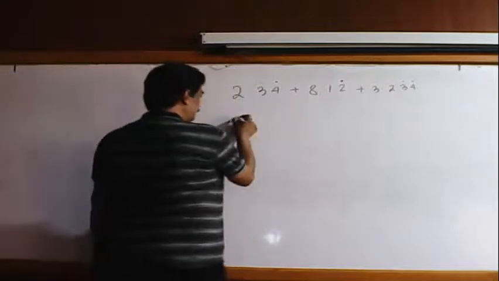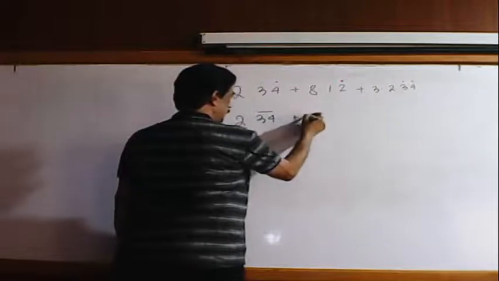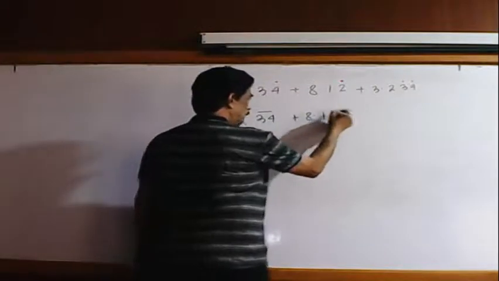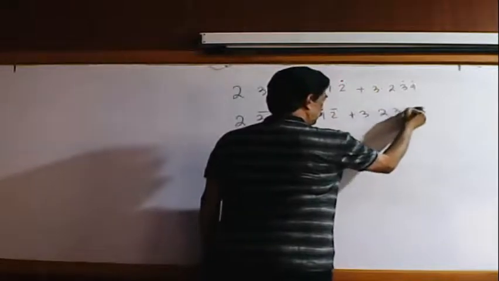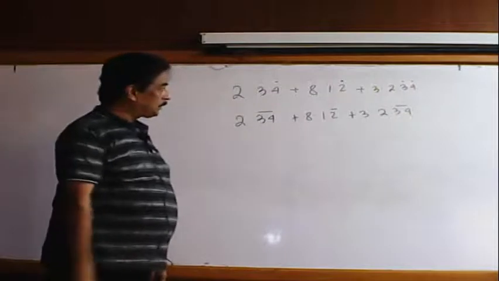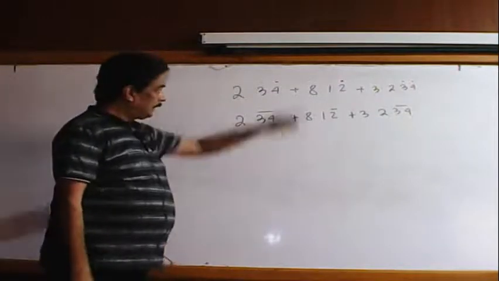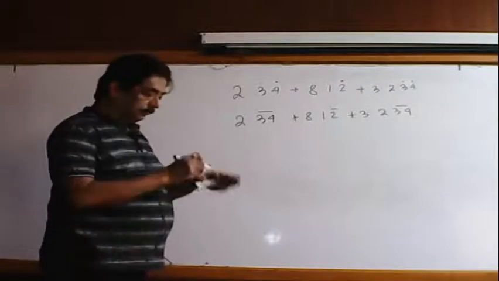Or they can give it this way: 2.34 recurring, 8.12 recurring, 3.234 recurring. First of all, you have to observe whatever question you are going to face. So these are the problems, and you have to solve them in terms of the recurring system.